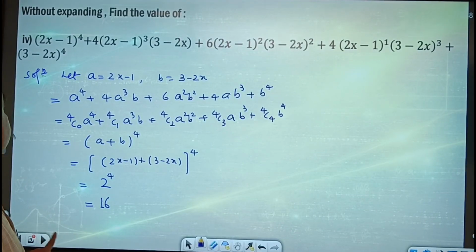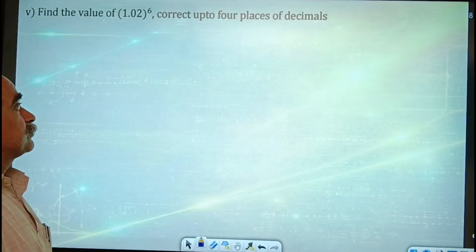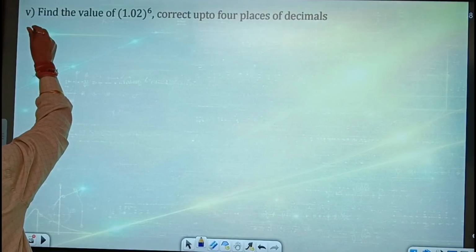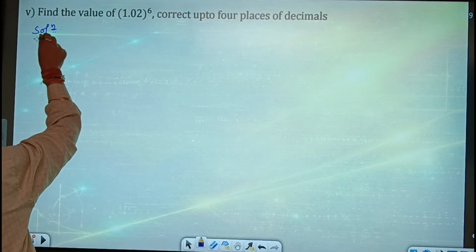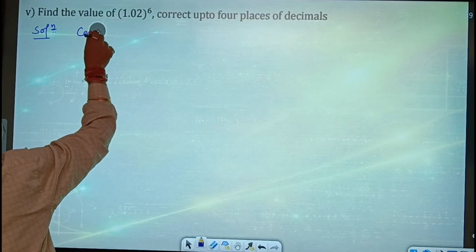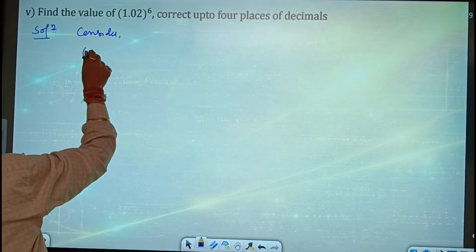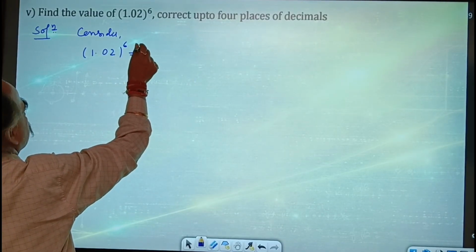The next problem is find the value of 1.02 raised to 6 correct up to 4 places of decimals. Consider 1.02, which can be written as 1 plus 0.02.